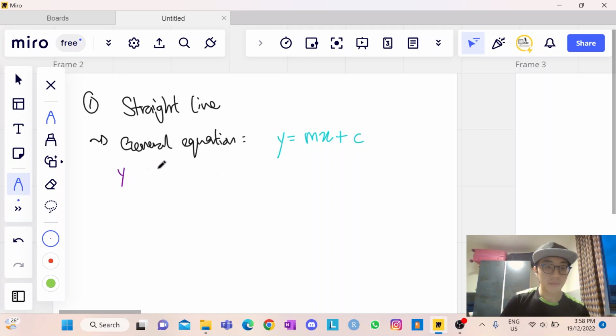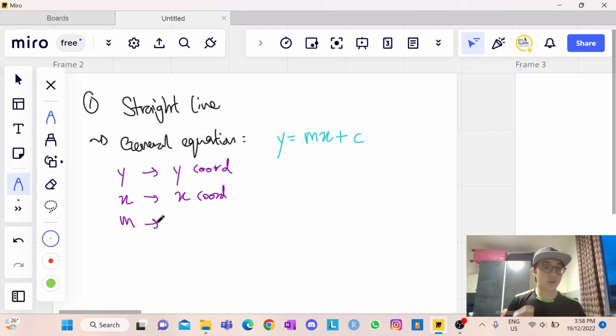This y is the y coordinate, x is the x coordinate, and m, from the previous video, represents the gradient. And c might be something new, which is the y-intercept point.